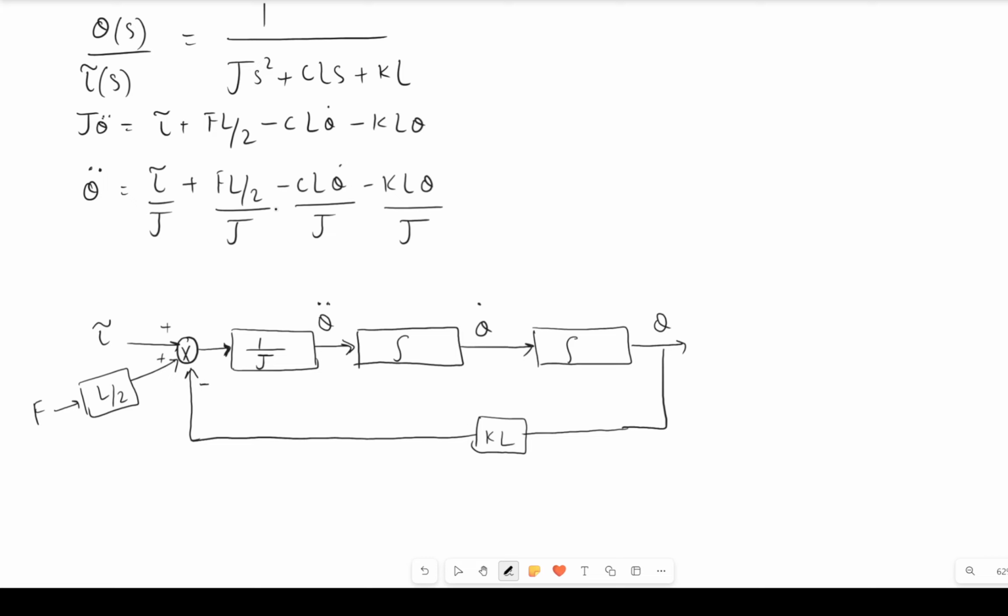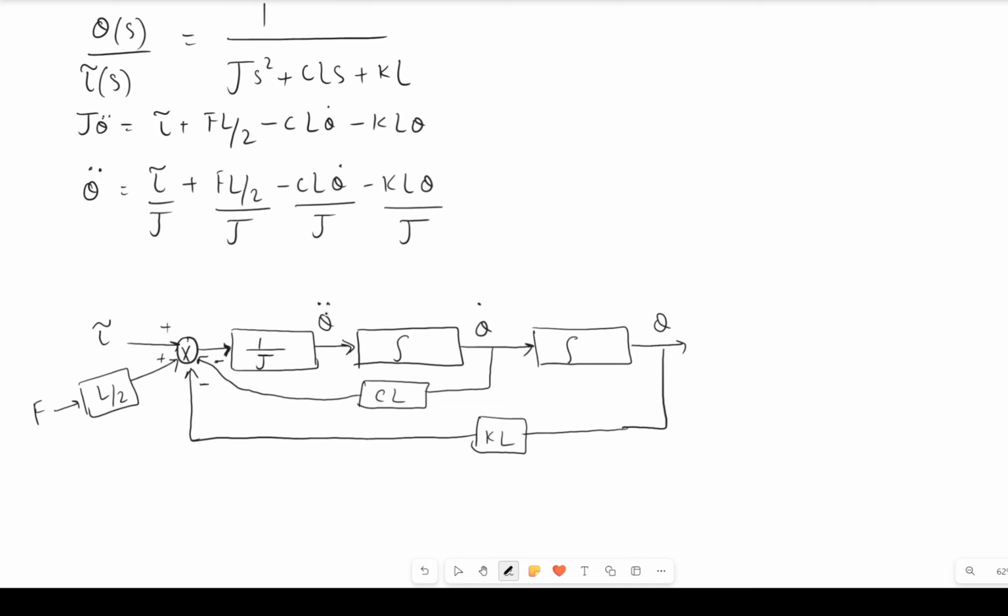We are left with this term, and this term is basically theta dot. So it will come from this point. It will multiply with CL, and it will go to this summer with a negative sign.